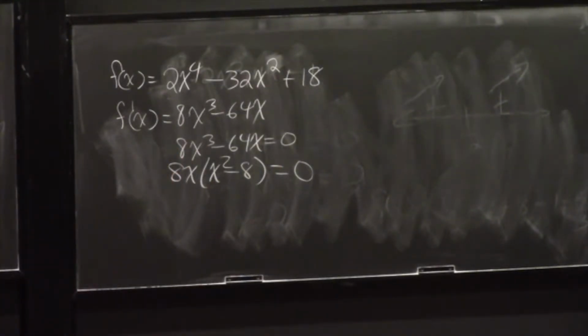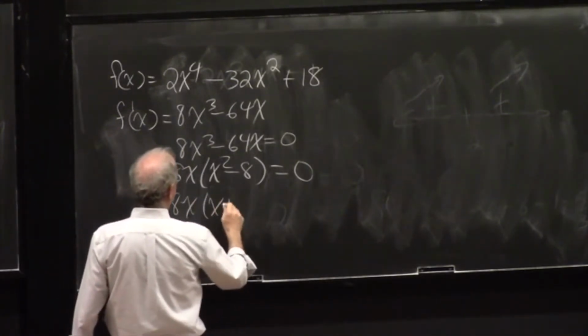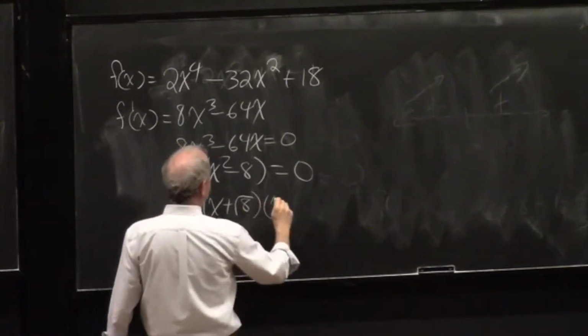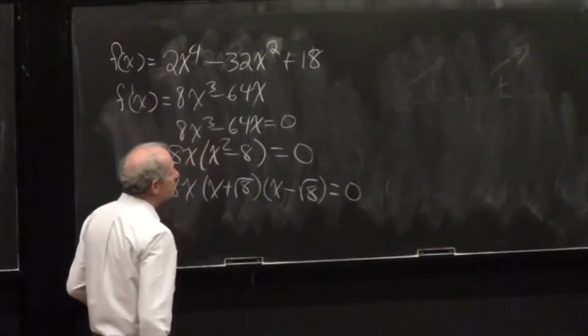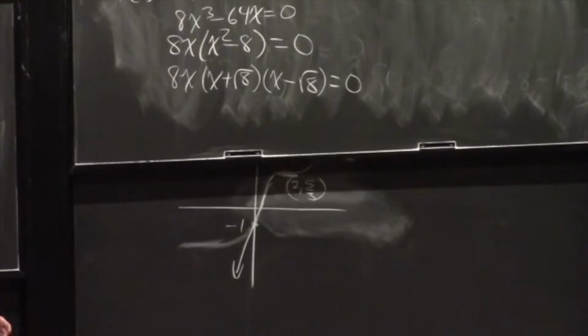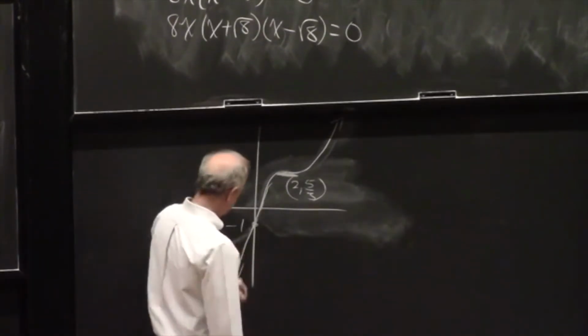You can then either factor x squared minus 8, or just set it equal to 0. If you factor it, you get (x plus the square root of 8)(x minus the square root of 8). You don't really care what the square root of 8 is, it's somewhere between 2 and 3. Right? The square root of 9 is 3.